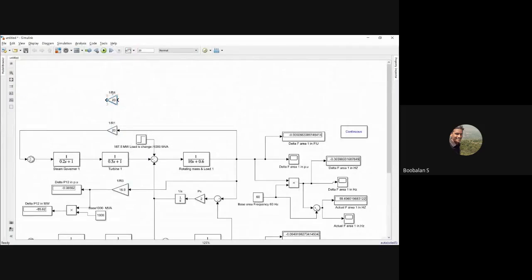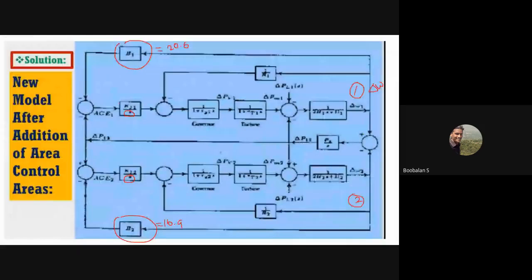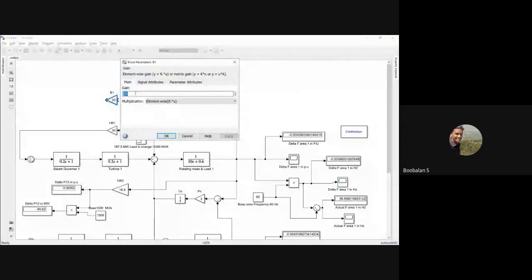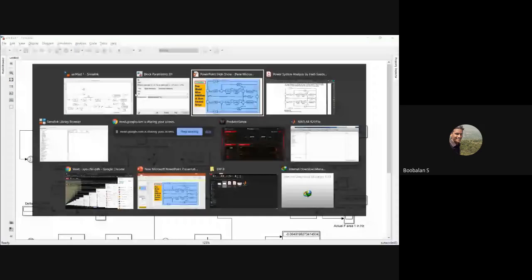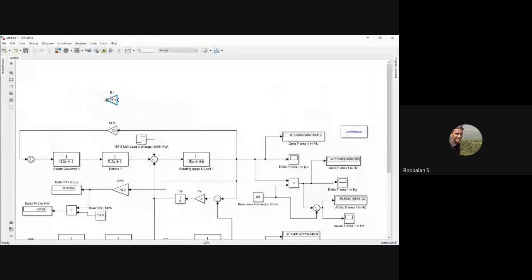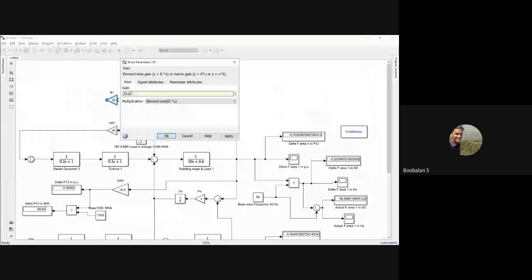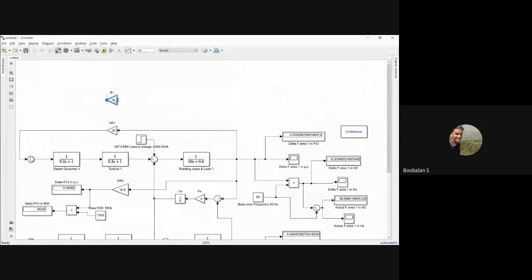Right? This is my B1, let's rename it to B1. What is the value for B1 now? 20.6, just replace it with 20.6, right? Yeah, that's correct. 20.6. So அது எங்க connect பண்ணனும்? It should be connected with my del omega, where you could see del omega over here, change in frequency. Just connect it over here.